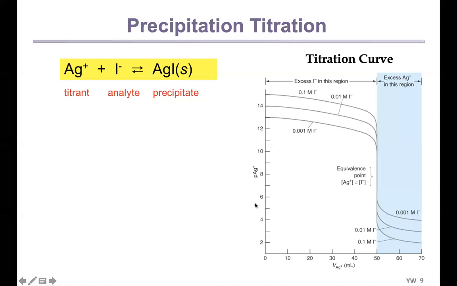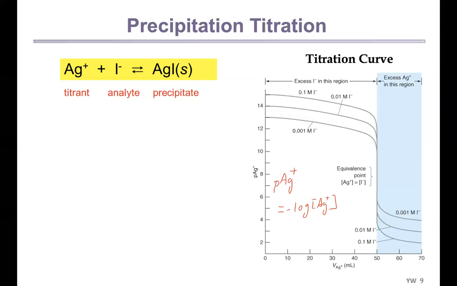And the y-axis is pAg plus. Can anybody guess what is pAg plus? The negative log-based concentration. That's right. So it's the negative logarithm of the concentration of silver. Okay.